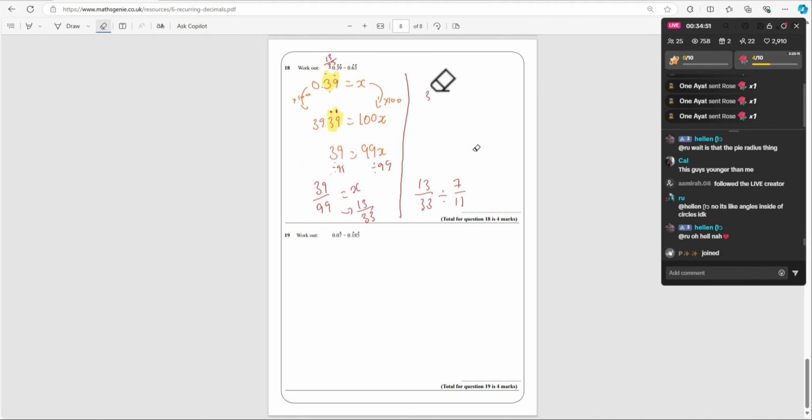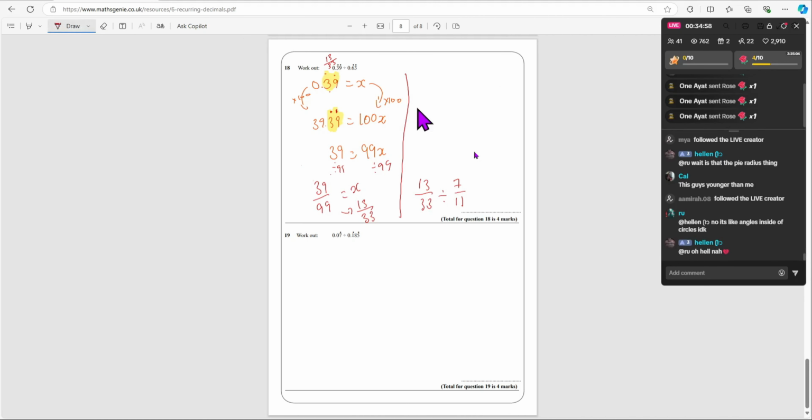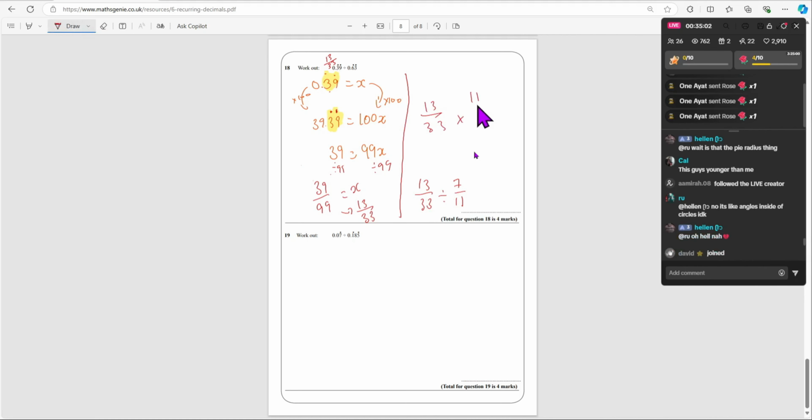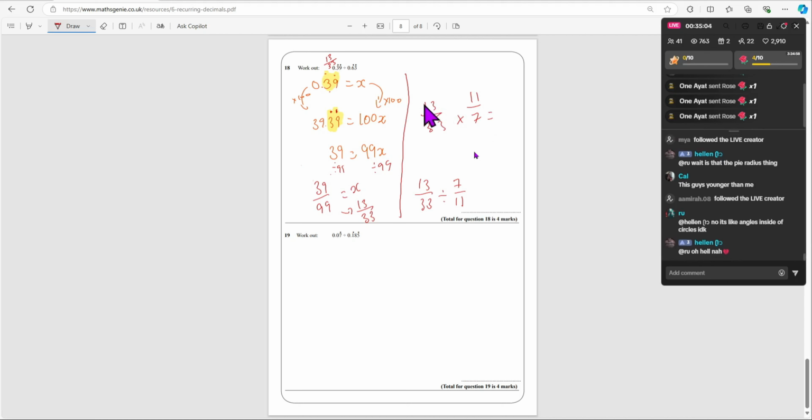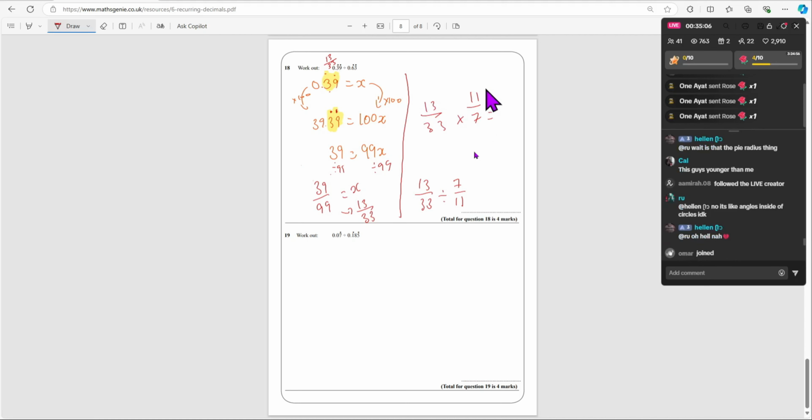Now, once you have done that, you're going to use your method of dividing fractions. So you're going to keep this, change this, so I'm going to be 13 over 33 times 11 over 7. So we're going to get 13 times 11.